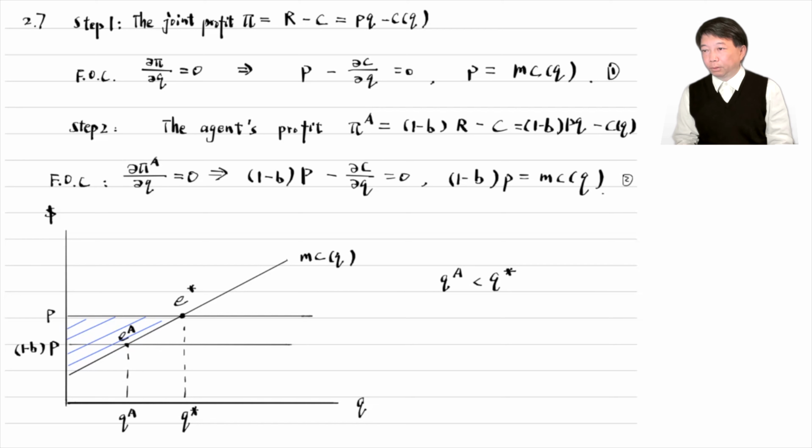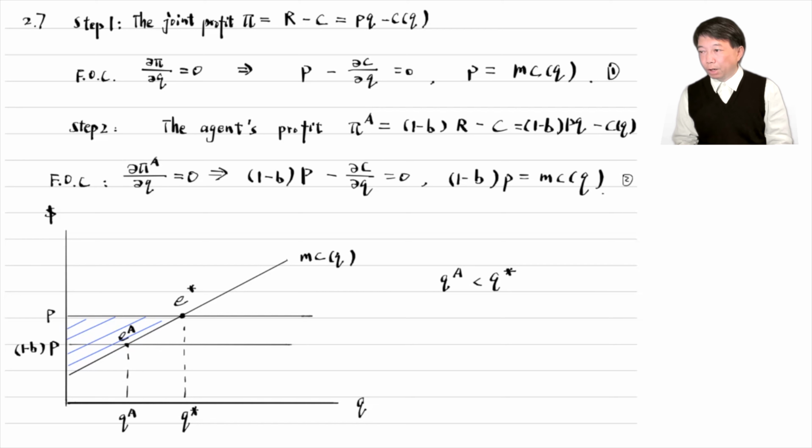In the graph, the optimal equilibrium is E star, where the competitive market price line intersects the marginal cost curve. The quantity of books sold is Q star.